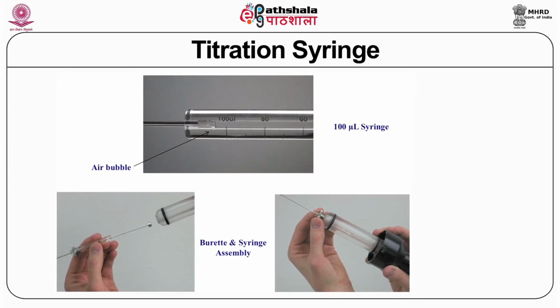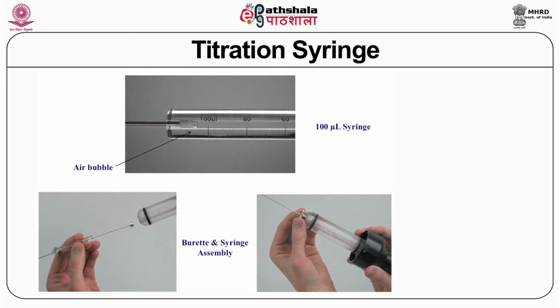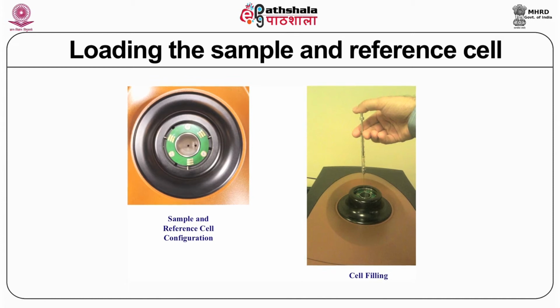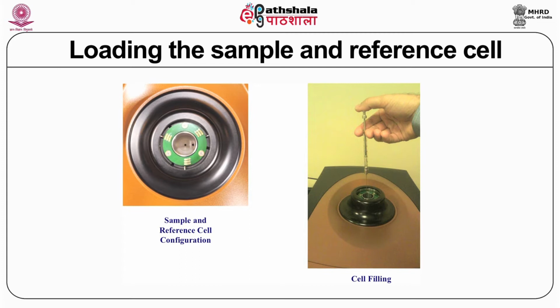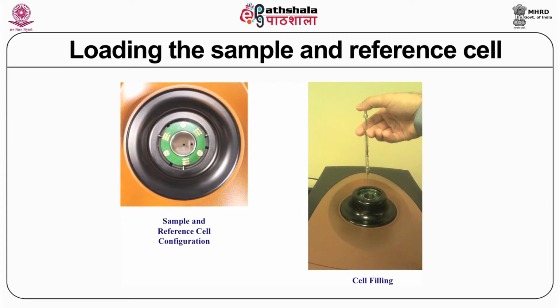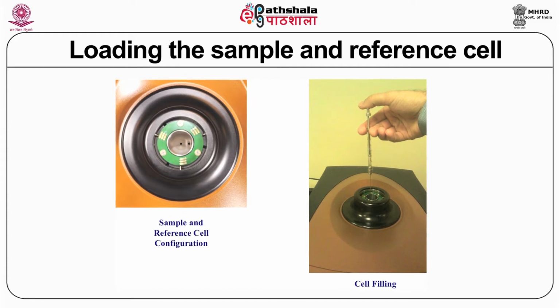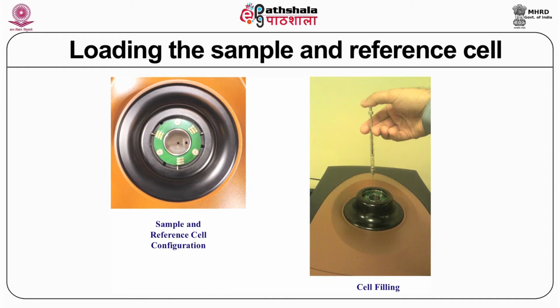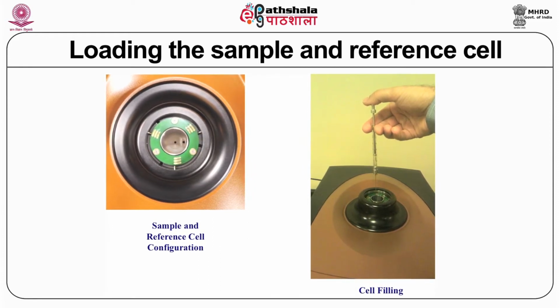Now, this is how you assemble the burette and syringe. Loading of the sample into the reference cell is shown here. The sample and reference cells are configured in this round arrangement, and the center is where you keep the sample. The cell inside has to be cleaned properly, and then filling is done with a syringe like a Hamilton syringe.